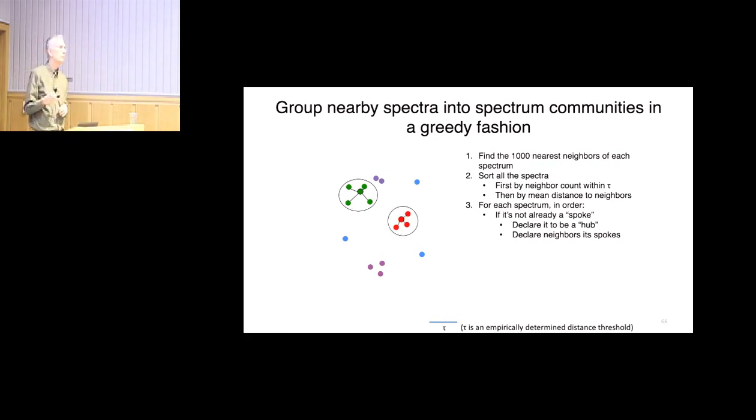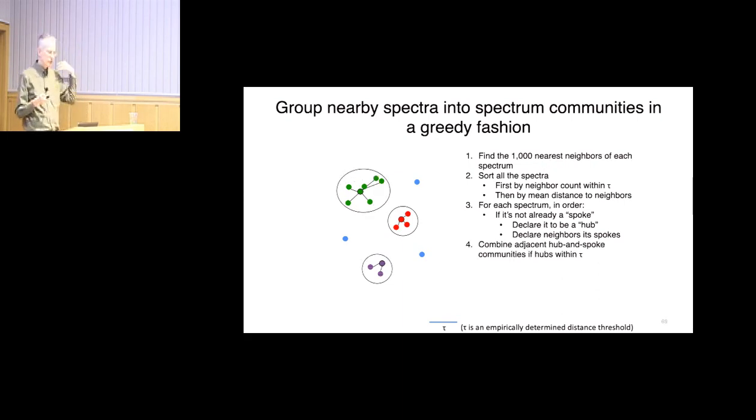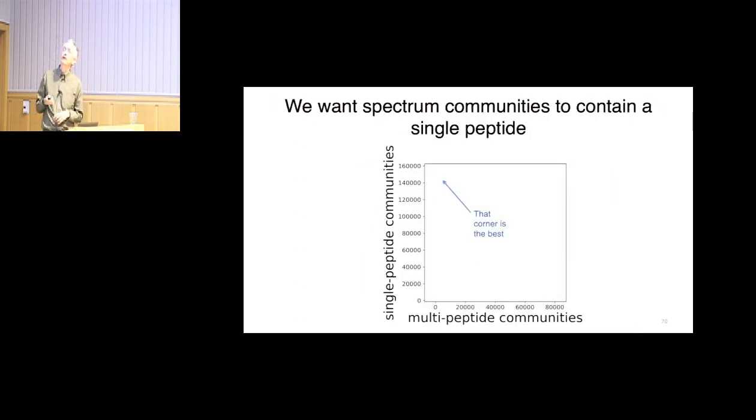Then you go and grab the next cluster, and then the next cluster, and so on. And at the very end, sometimes you have to do some combining of adjacent hub and spoke communities if the hubs are too close together. That's only because the first step was an approximation. You got the 1,000 nearest neighbors, and maybe there's more than that within a distance of tau. So that's usually a very small number of things.